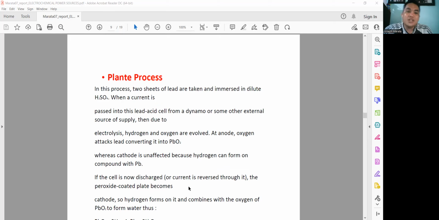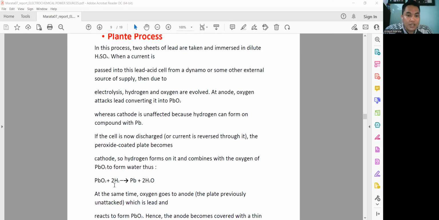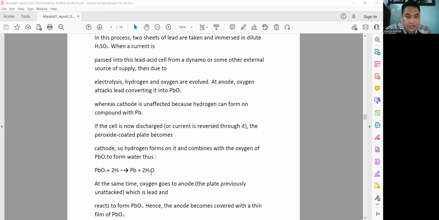If the cell is now discharged or current is reversed through it, the peroxide coated plate becomes the cathode, so hydrogen is formed, and the hydrogen combines with the oxygen of PbO2 to form water. Lead oxide plus hydrogen gives lead plus water.